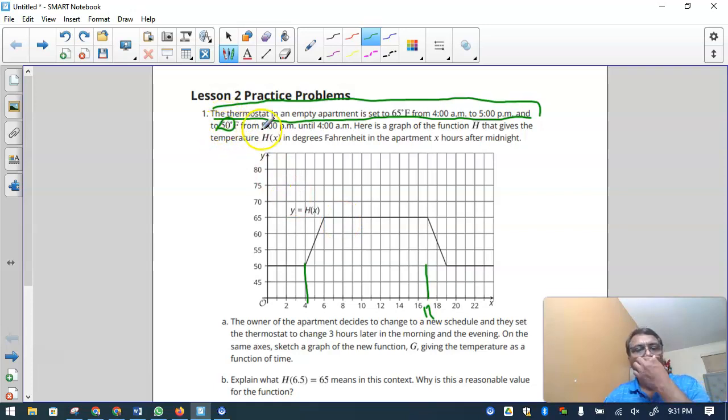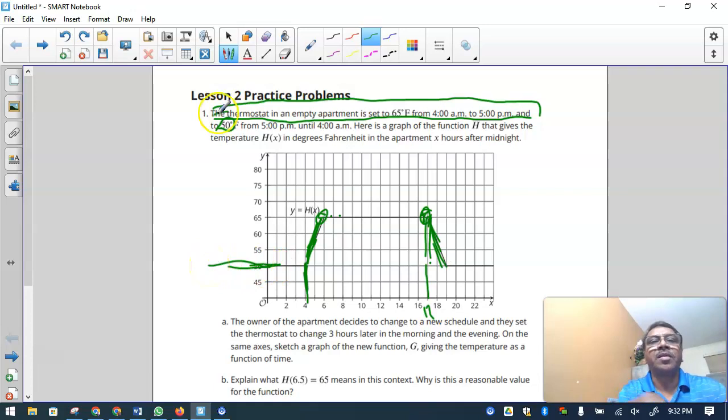So this is where he sets up the thermostat to 65. That means the temperature rises. This is where the temperature rises and becomes 65. And then exactly at 5 p.m. it's put off, and then the temperature goes back to 50 degrees, which was in the beginning.